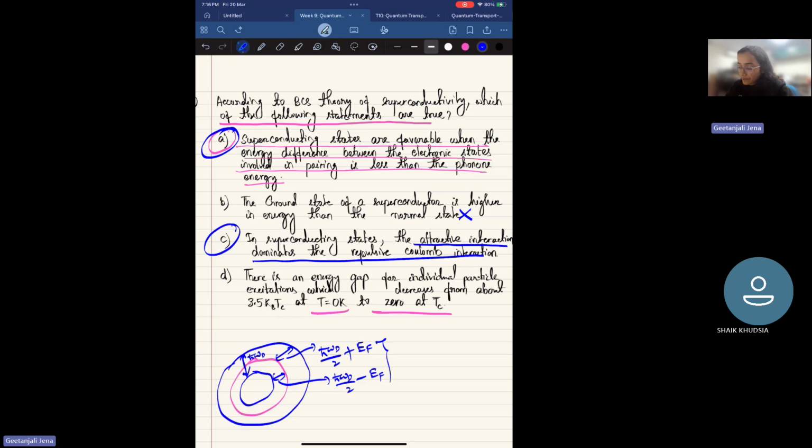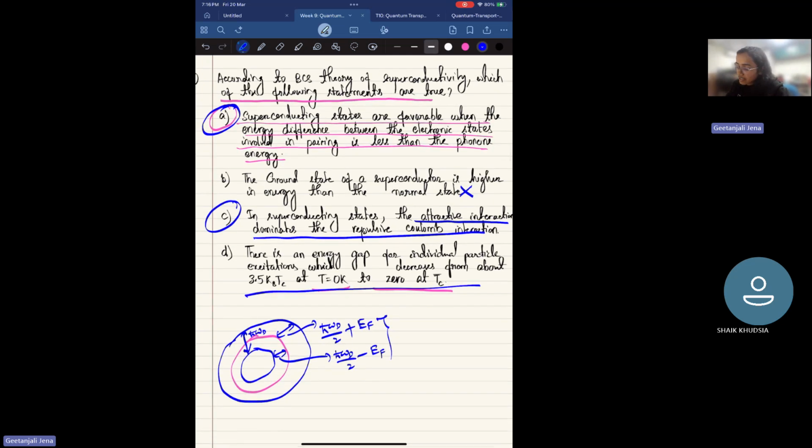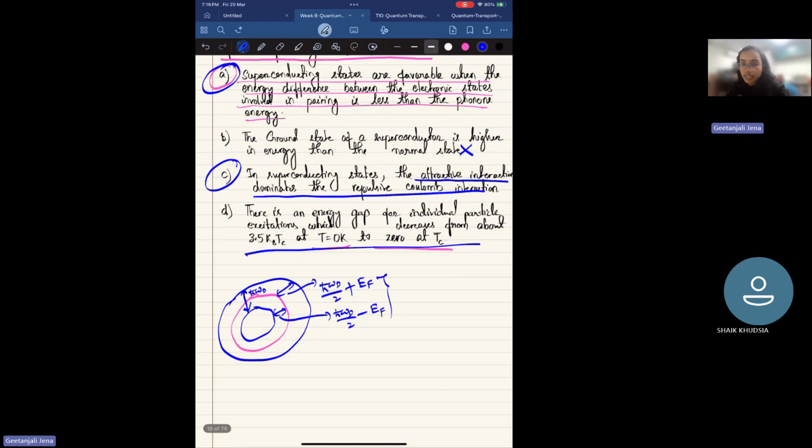Okay, option D. There is an energy gap for individual particle excitation, which decreases from about 3.5 kBTc at 0 K to 0 at T equal to Tc. What this statement means is that in the superconducting state there is an energy gap.